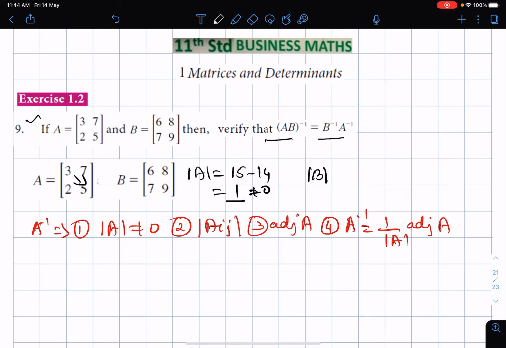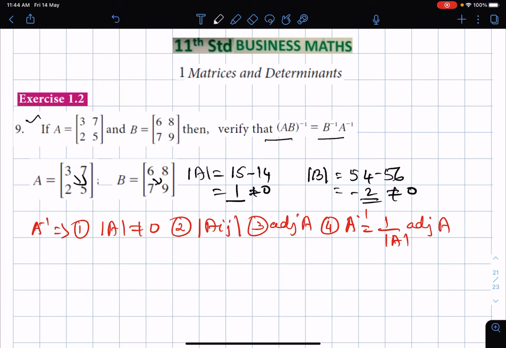Similarly, determinant B, multiplying the diagonal, you will get 54 minus 56, that is equal to minus 2, not equal to 0. Okay, so this is our determinant A and determinant B. Since they are not equal to 0, non-singular, we can proceed with our 4 steps.